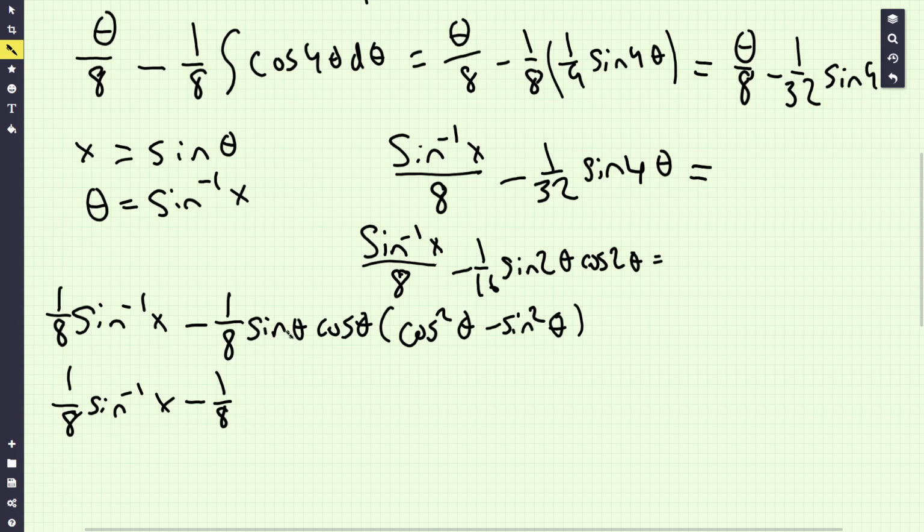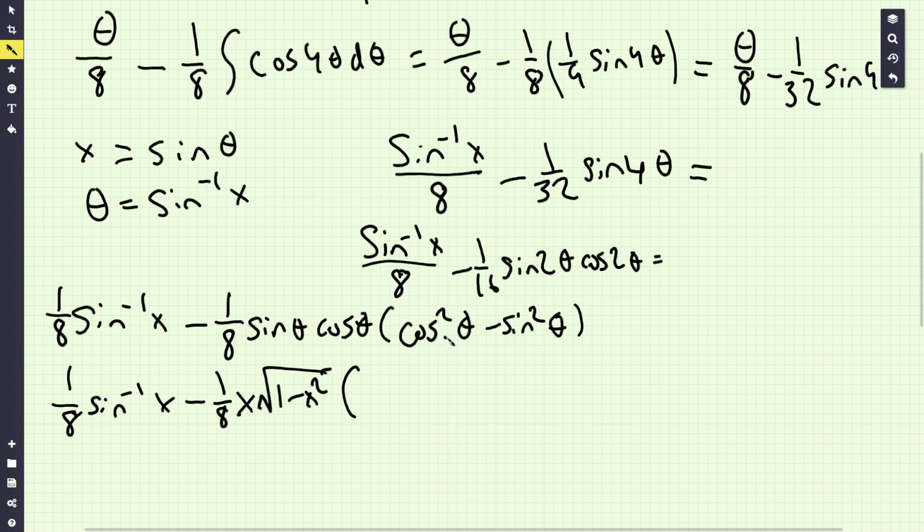Okay, so now we can finally use our theta here. So sine of inverse sine of x, that's just going to be x. And the cosine of theta, where theta is inverse sine of x, we have to remember is just going to be the square root of 1 minus x squared. And we can draw the triangle to verify this.